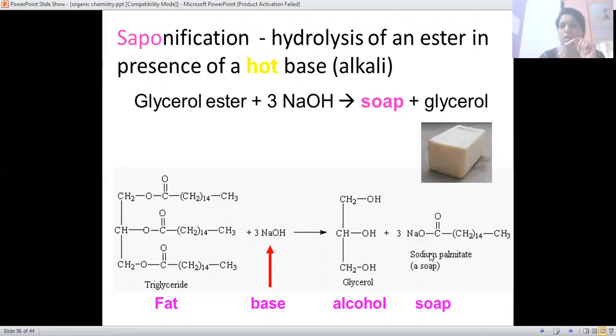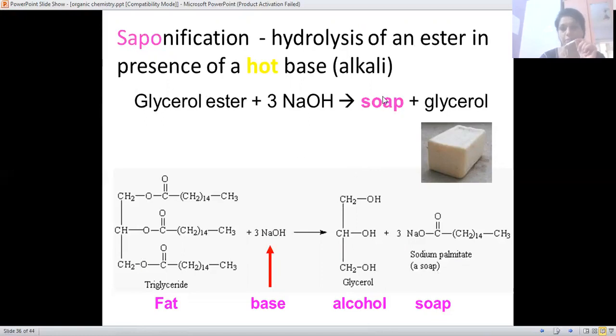You can also call it a soap, because this is the structure of the soap that we actually use for detergent and this type of soaps. So these are the simple structures, and when saponification is asked, we have to write: hydrolysis of esters in the presence of hot alkaline base.